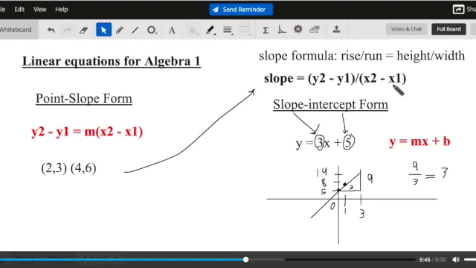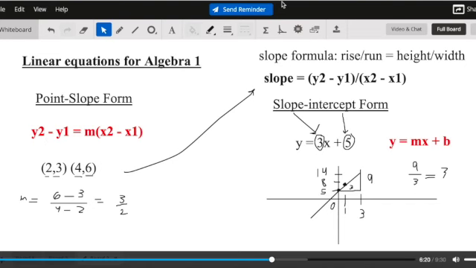So in this case, slope's going to be y2 is 6, y1 is 3, so 6 minus 3 divided by x2 is 4, x1 is 2, 4 minus 2, that's 3 over 2. So your slope, m, is 3 over 2.